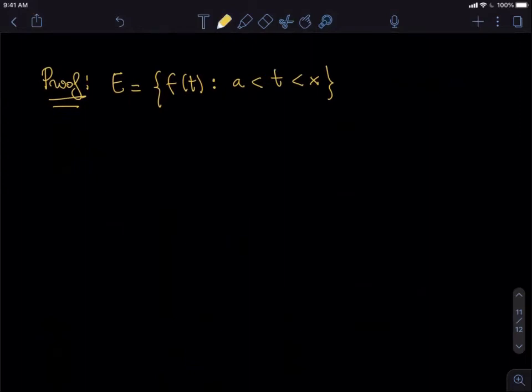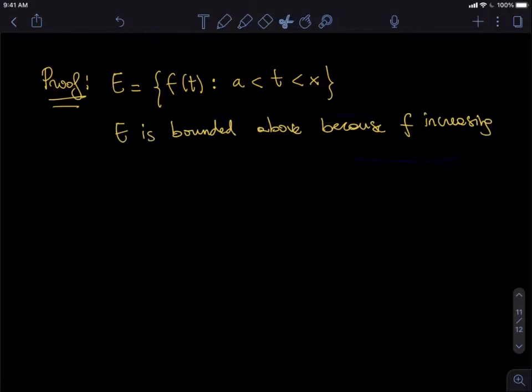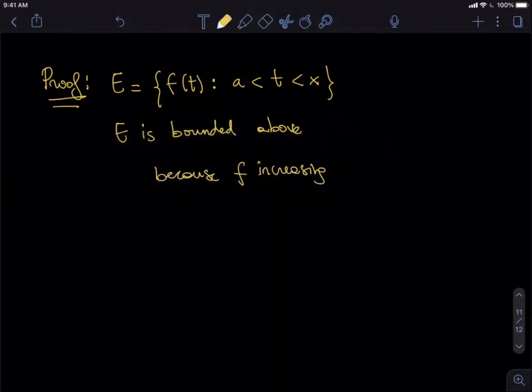So once we define this set E, then E is bounded above because f is increasing. And in fact, it's bounded above by what number? By f of x.